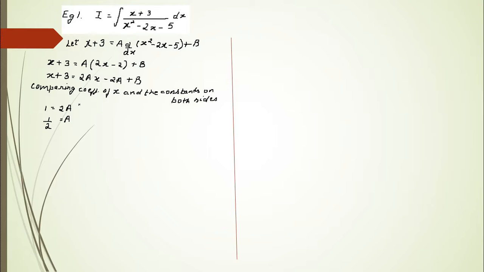Now let us compare the constants on both the sides. So on the left side the constant is 3, therefore 3 is equal to, on the right side we have minus 2a plus b. So let us put the value of a in this. So 3 is equal to minus 2 into 1 by 2 plus b.